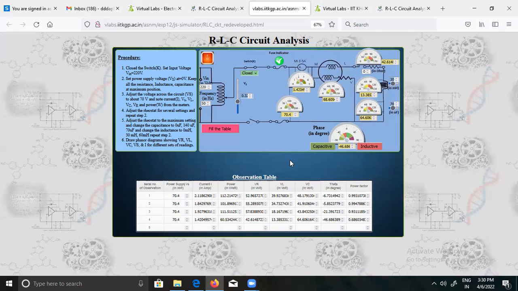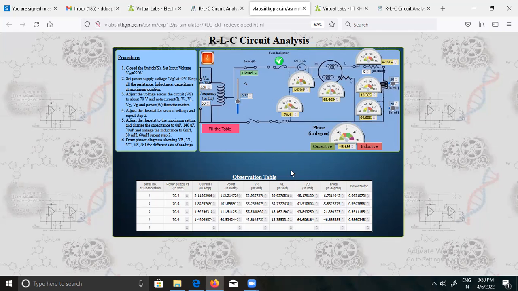Now see what we have to do. As we have studied in the theory, whenever the values of voltage across the resistance, inductance, and capacitance are given to us, we can draw the phasor diagram. But from this, what we are observing is how to analyze the performance of this series RLC circuit with the help of different parameters.